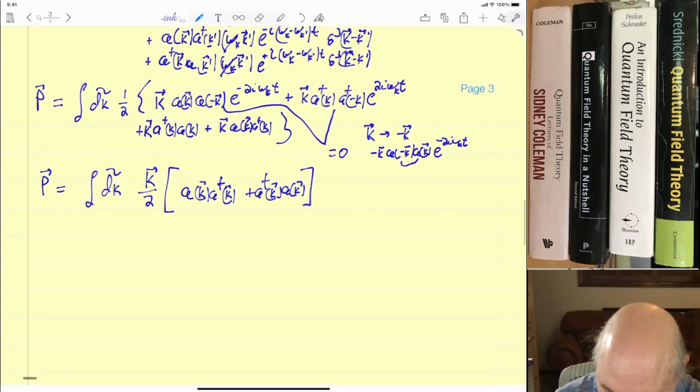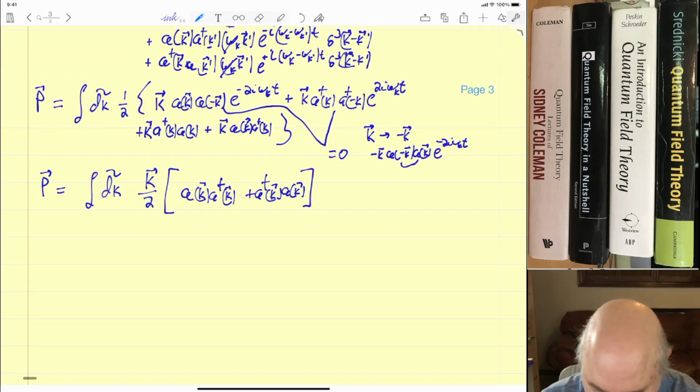Well, this is not really our final result, but this is what we're expecting. It's the same thing as the Hamiltonian, except it has the momentum vector here. In this particular case, we can make use of the commutation relations.